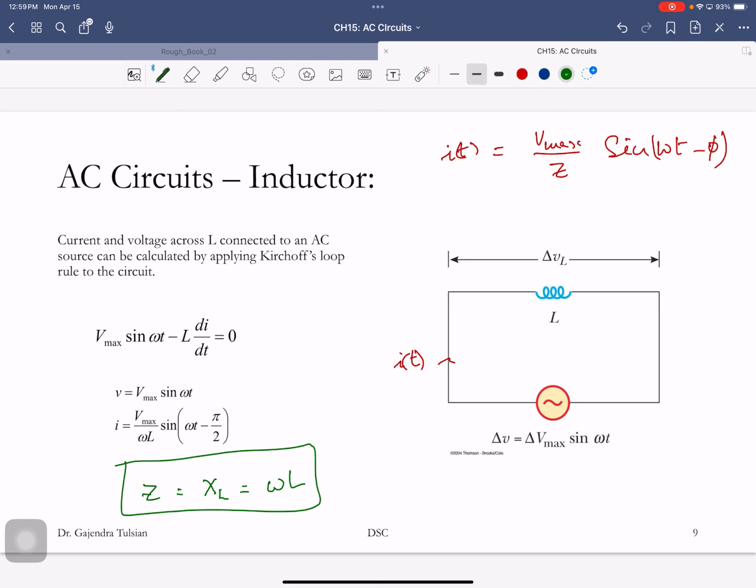Look at that, it's frequency dependent. The frequency of the signal coming out of this wall is 60 hertz. The resistance of this guy is frequency dependent. As the frequency increases, the resistance linearly increases. You double the frequency, its resistance doubles.